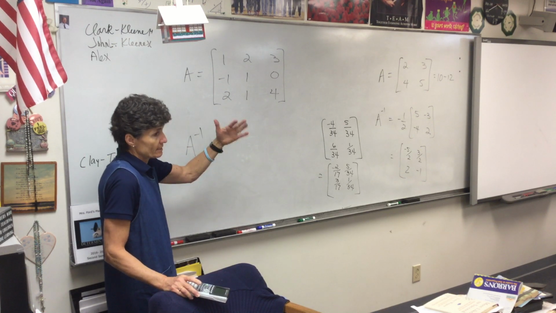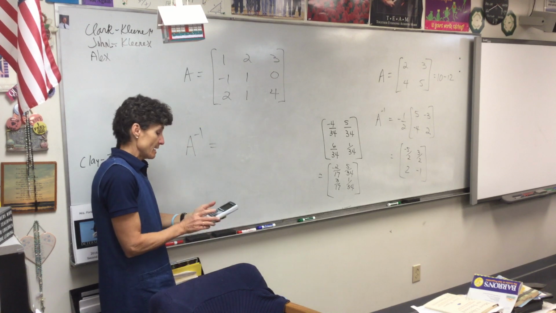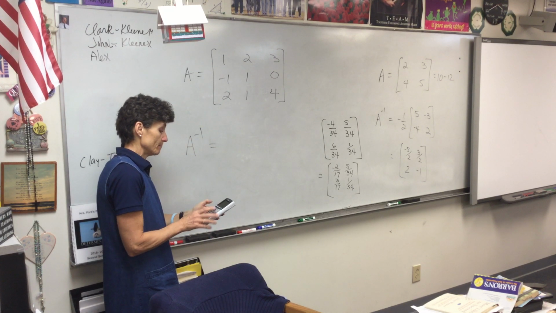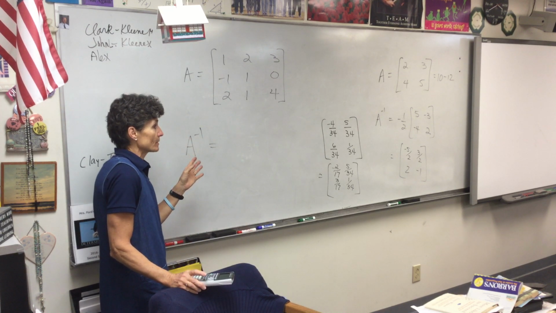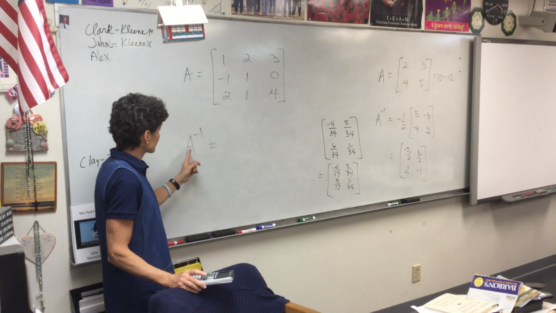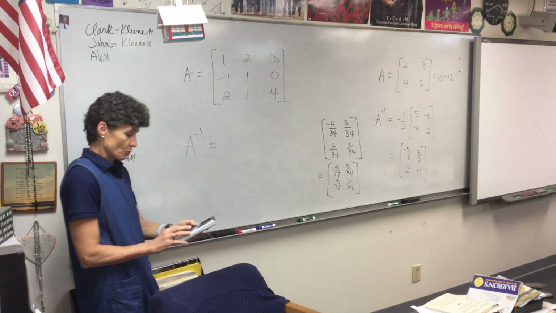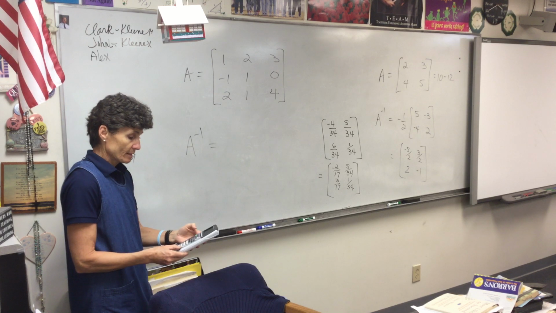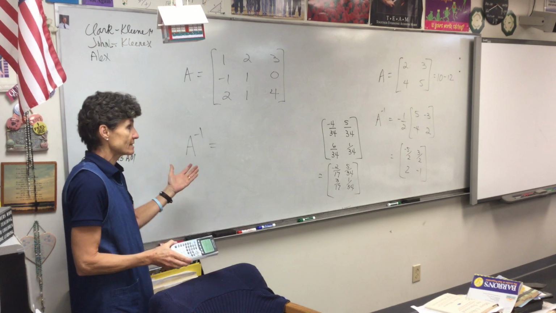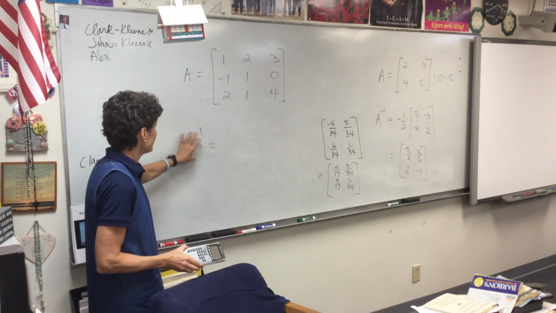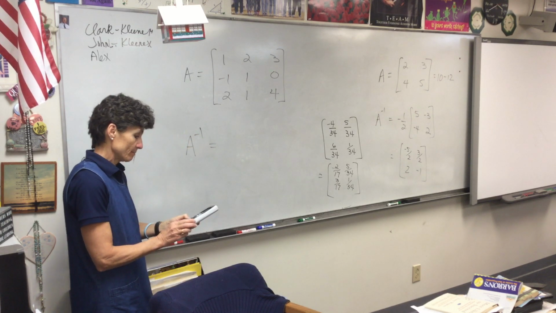Once you've got your edit done, once you've filled everything in, exit out of there, second quit, back to the home screen, and then start in with what you want to do. So we want to find the inverse. So we go to second matrix, hit enter. It says A now on my screen. Hit that button.